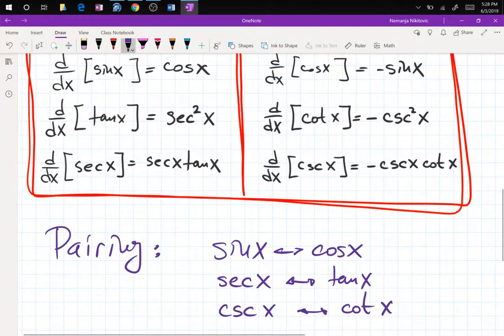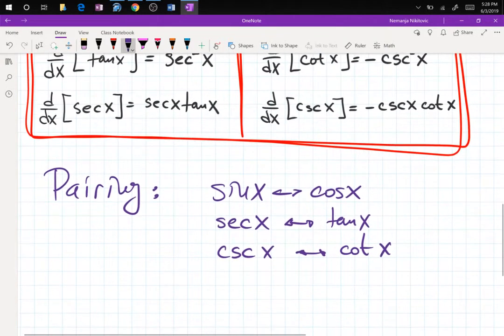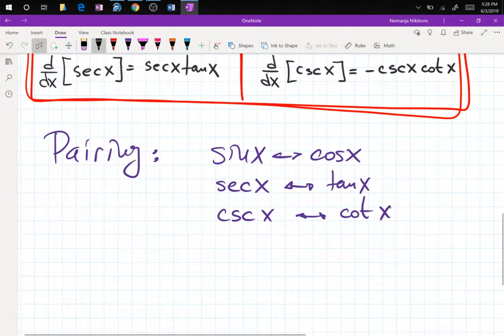So what are we supposed to consider now? Well, first of all, most of the time, you are not going to see the derivative of sine or tangent of x. You are going to see the derivative of sine of 5x or tangent of 4x or something.